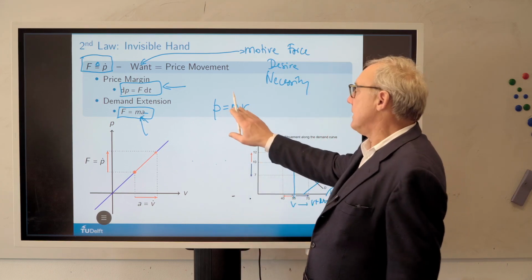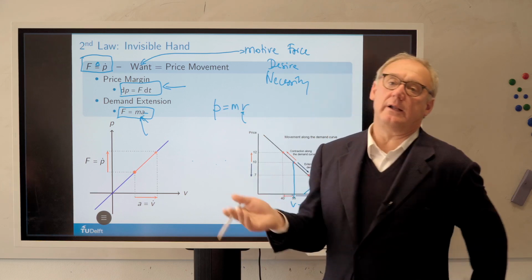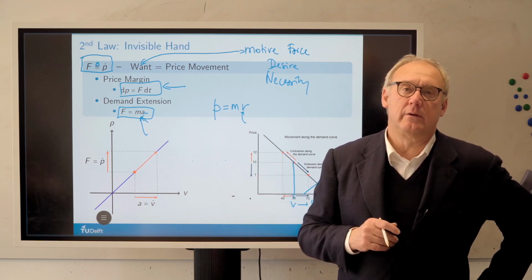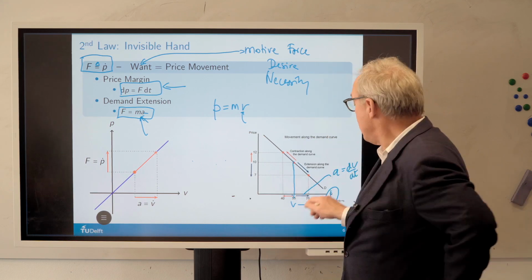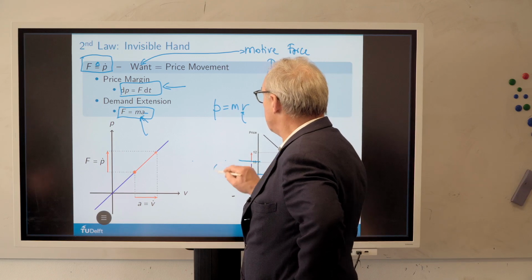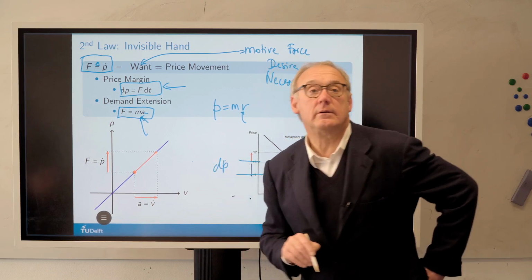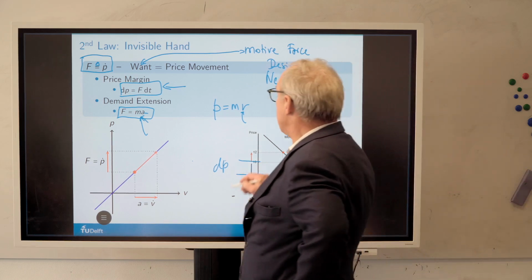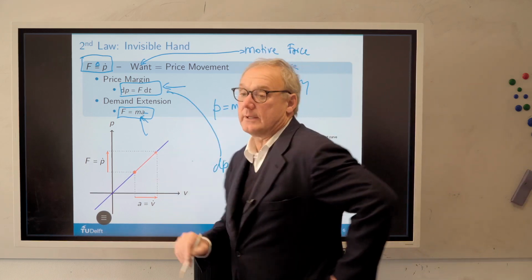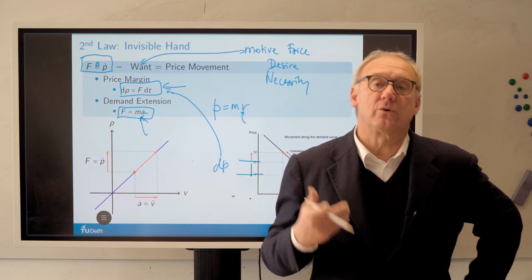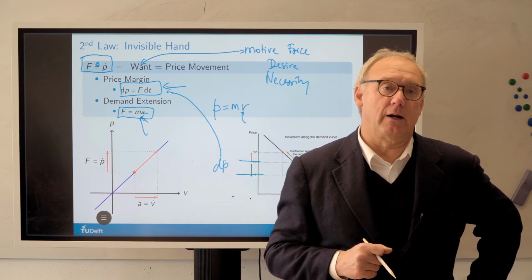That's the inertia, or the inverse of the price elasticity of demand. That won't change. So if we measure this, we can also measure how the price is changing. If we know how the price is changing, then we know exactly what the want is that caused this.